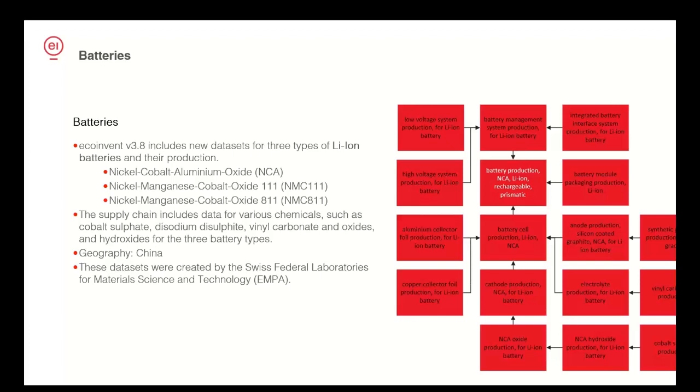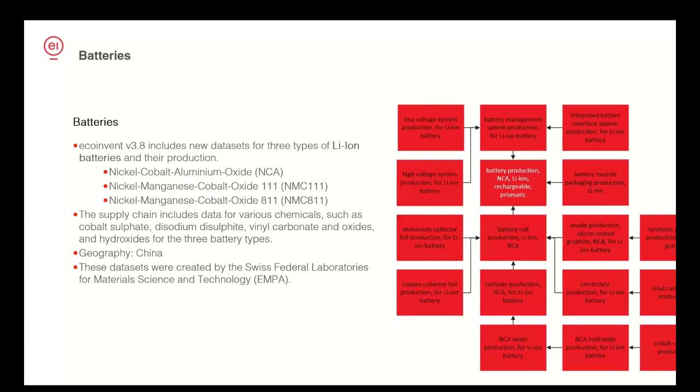The regional coverage of the data is China, so the manufacturing country is China, and they concern the NCA battery and NMC 111 and NMC 811, and what has been included in the database is the full supply chain. So the full supply chain has been added new for each battery type, as you can see in the graph that is sitting on the slide.